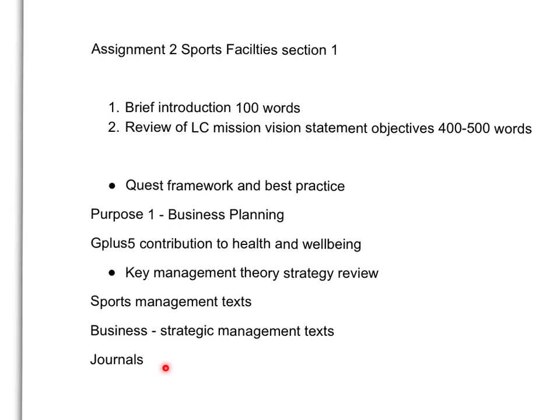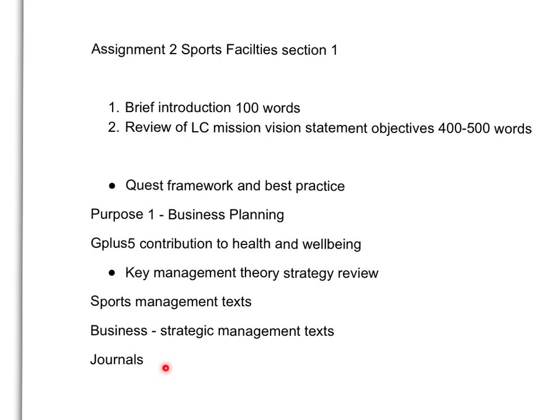The aim here is to ensure that we take the Bay Leisure's mission, vision and value statement and assess whether it's fit for purpose, whether it actually meets the industry standards for best practice as laid down by the Quest framework.